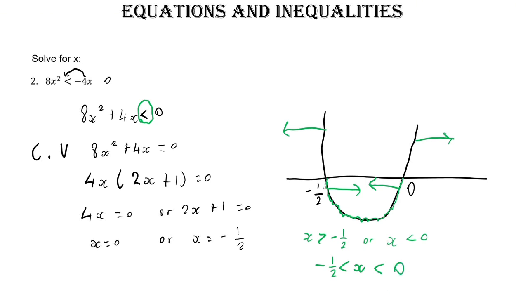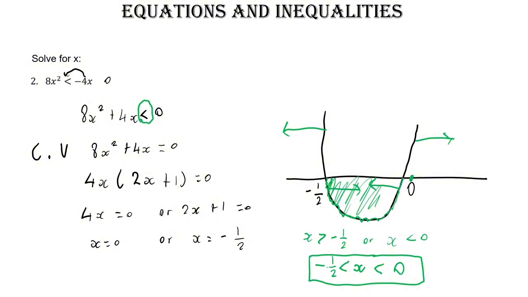So this is the explanation for this inequality that we just created. It says for any x value that lies between negative a half and 0, the y values will be negative in this region. Because why? The graph is below the x-axis over there.